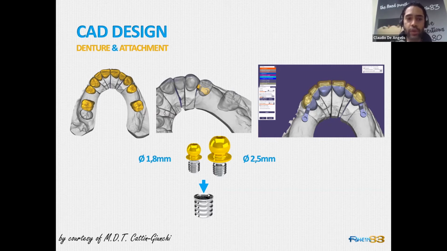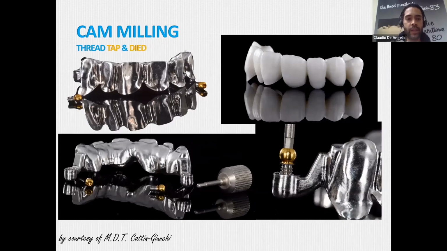So again, they produce a denture, they made the teeth setup, and then below it, they choose the correct attachment. In this case, they use the OT Techno file for a milled structure.